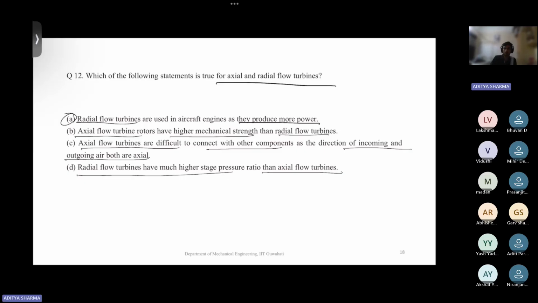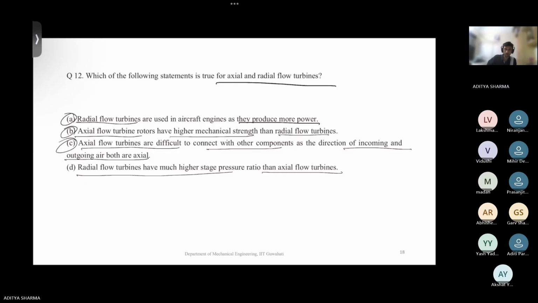So first is not a correct option. Now if you see B, mechanical strength of your radial turbines is higher, right? When you're in your axial turbines, you are connecting these blades with this shaft, right? Because of that, the strength of axial machines is less, right? So this is also eliminated.